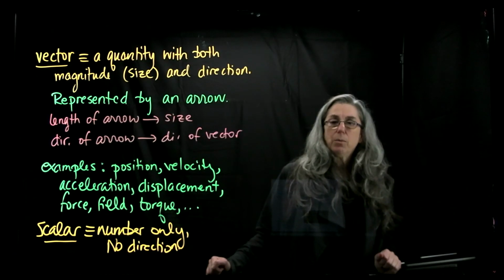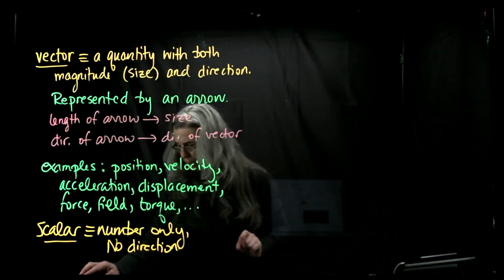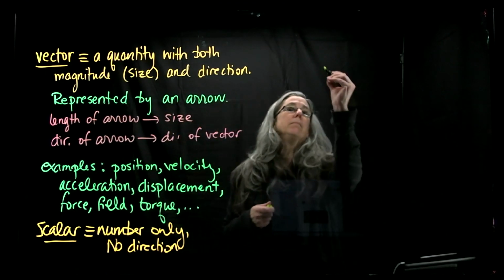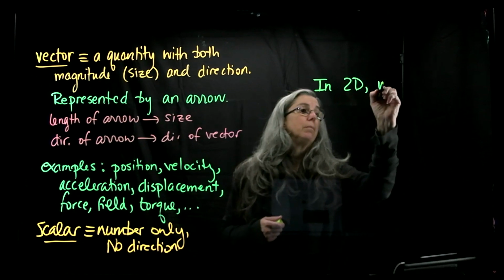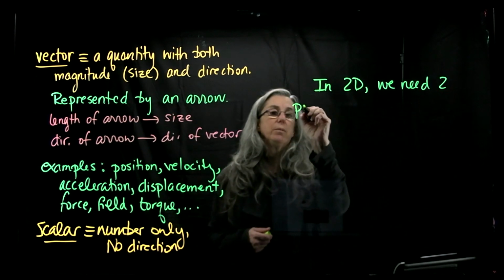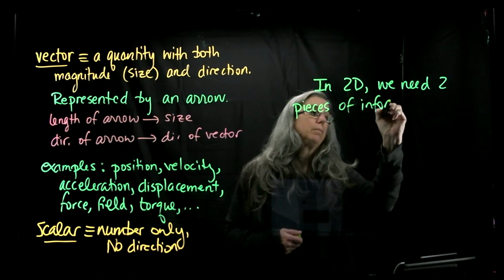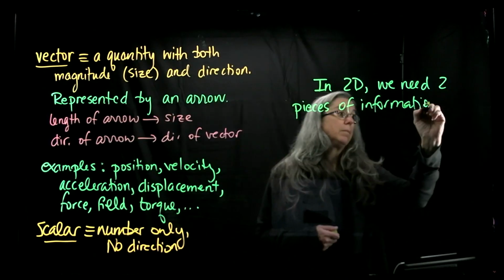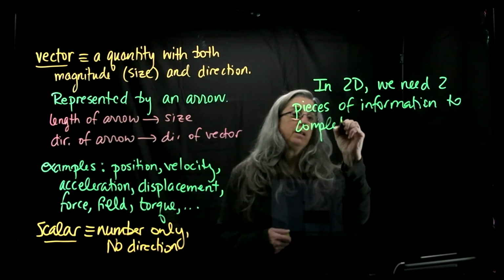In 2D, we need two pieces of information to completely specify a vector.